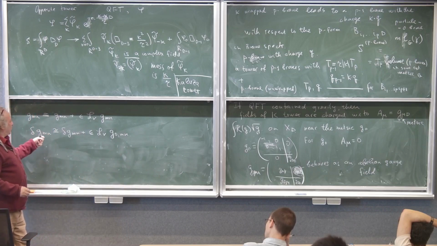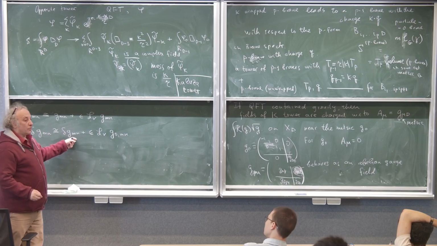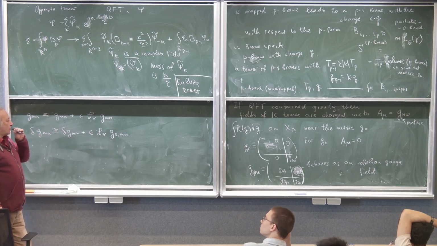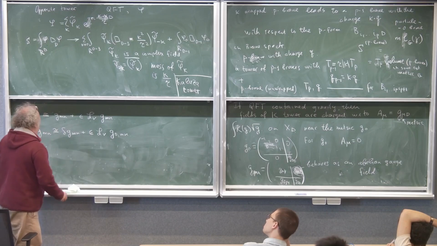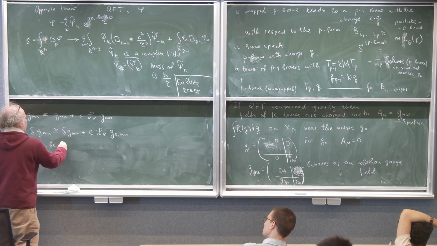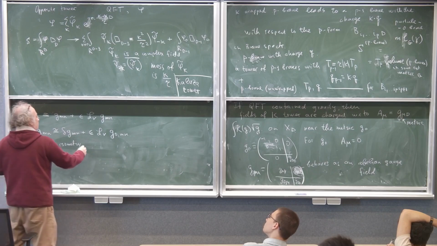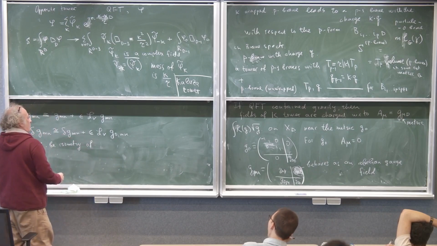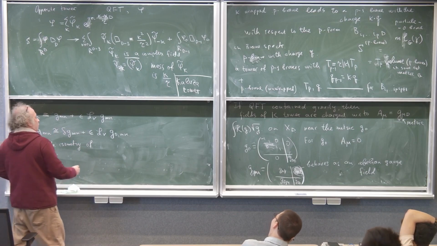So I have a small parameter here, small parameter here, and small parameter here. Now let V be an isometry of g naught.